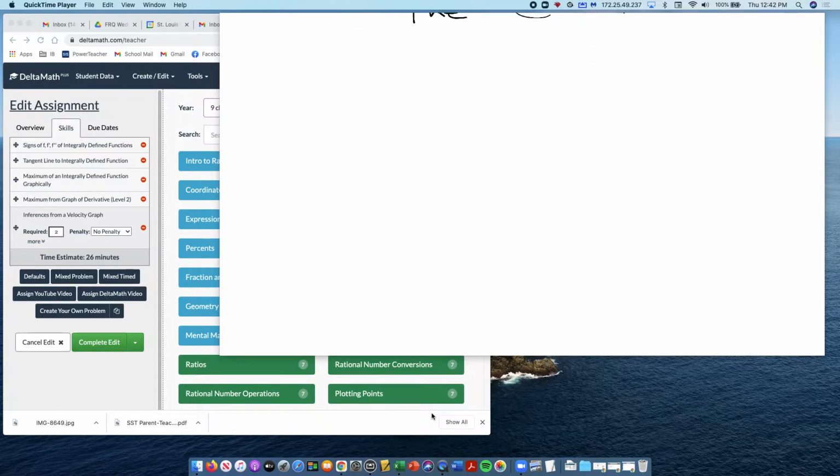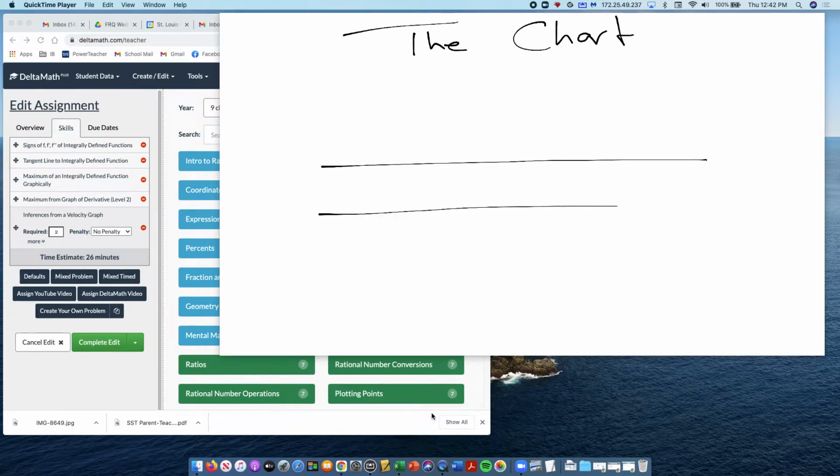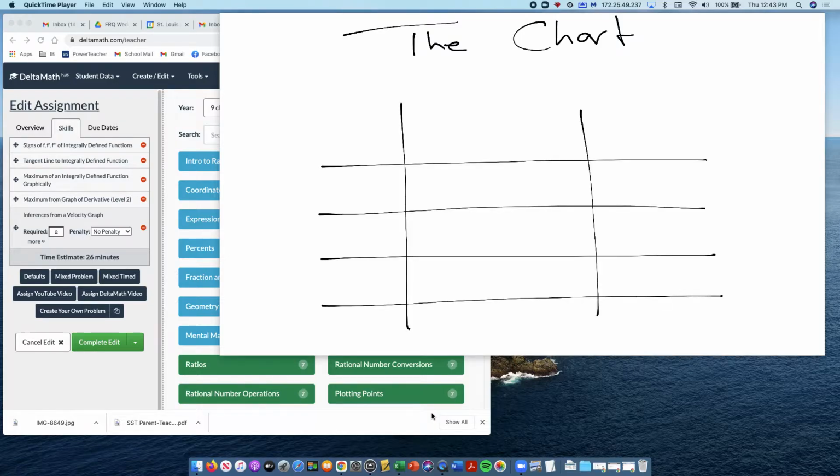You should know that when we draw the chart, we have something that looks like this. I can have you fill this out. If this is increasing, this is positive, and we don't fill anything out there. This is decreasing, this is negative, and we don't fill anything out there.